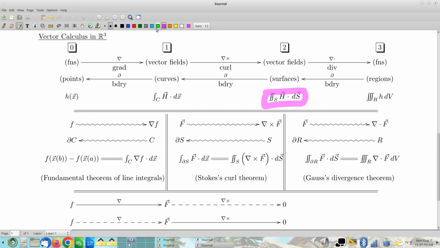If I were asked to compute a flux, I must have been told what vector field I'm computing the flux of, and of course I must have also been told a surface through which I'm computing that flux. So by compute the appropriate operator, that says, all right, well, this is where flux is. That means that my vector field and my domain are also right here in column 2. What does the diagram tell me to do to this vector field? It tells me to compute the divergence.